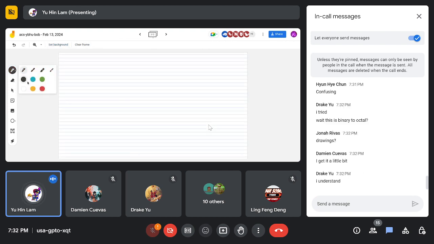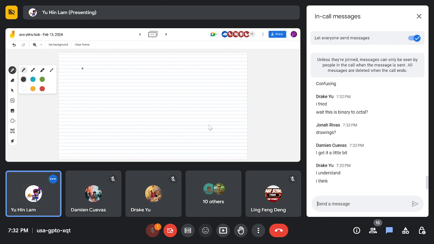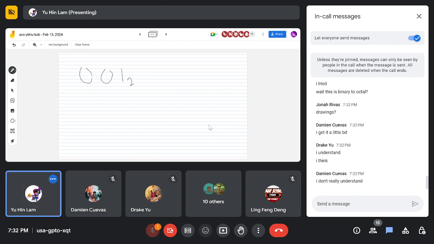Our last number was 001 base 2, right? It's okay. Basically, we're trying to convert this binary number into a base 10 decimal. Our first step is to count its positions, 0, 1, 2, since we're counting from right to left, starting from 0. This gives us our positions.